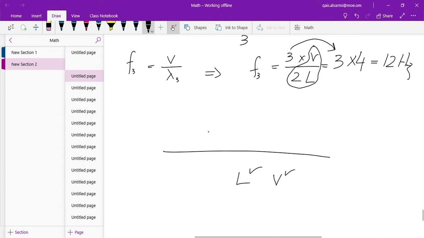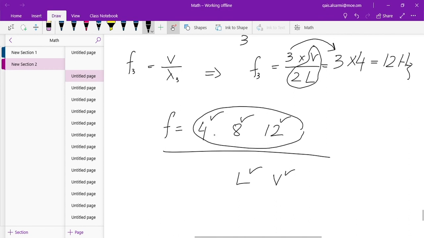This string can have a standing wave with the frequency 4 or with the frequency 8 or with the frequency 12. So only these values of the frequencies are allowed. Any values in between 4 and 8 or 8 and 12 are not allowed. So values of the frequencies are discrete. There is a specific set of values for the frequency for which you can see standing waves in the string.